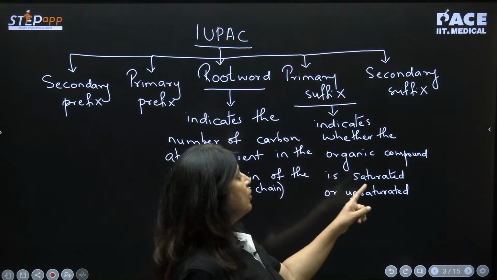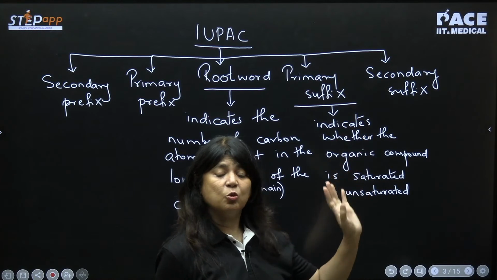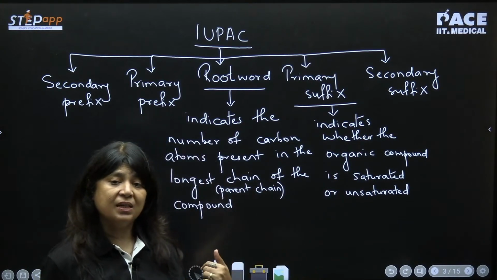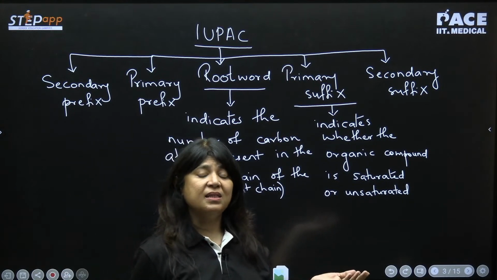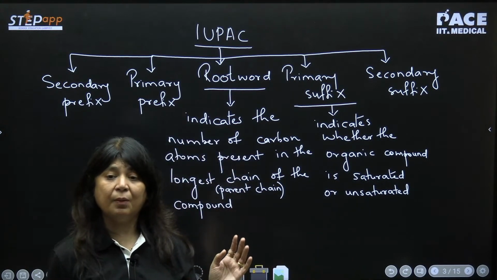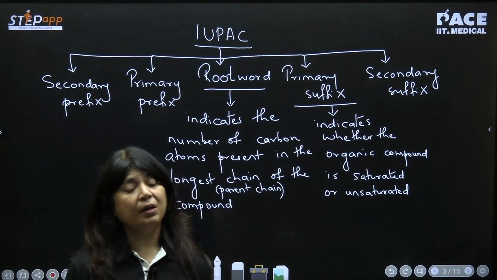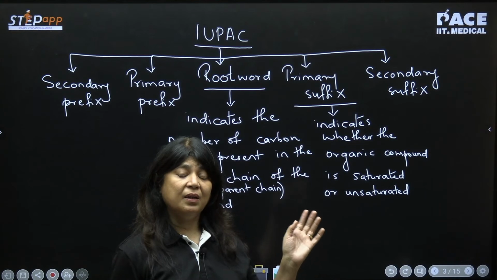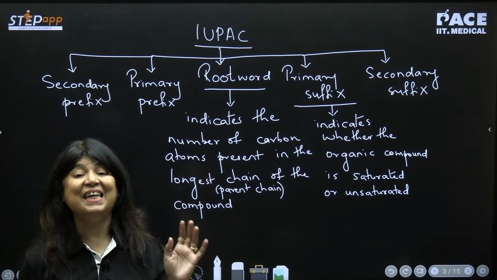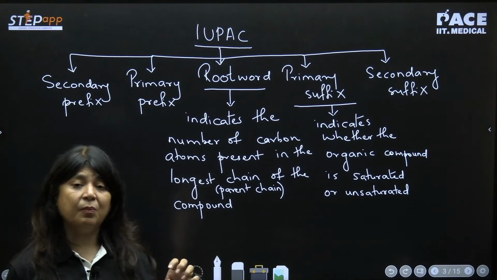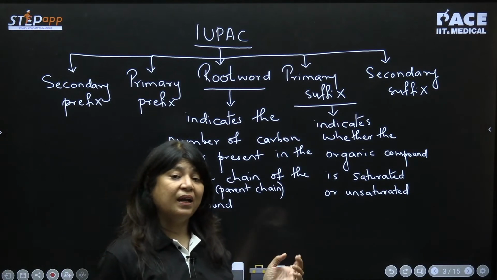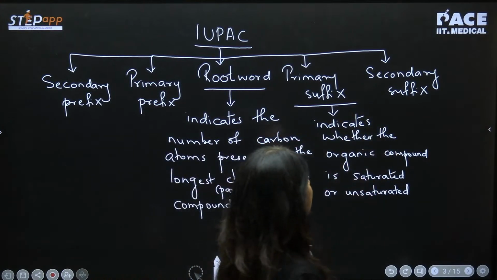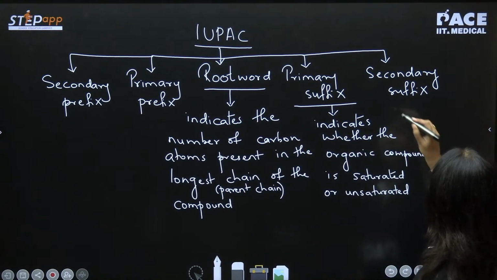If the organic compound is saturated, then the primary suffix to be added is always -ane. And if the organic compound is unsaturated, then depending on the unsaturation, whether you have a carbon-carbon double bond or a carbon-carbon triple bond: for a carbon-carbon double bond, the primary suffix you will be adding is -ene, and for a carbon-carbon triple bond, the primary suffix you would be adding is -yne. Okay, we'll come to all these. First, let me just tell you what all these 5 parts indicate.